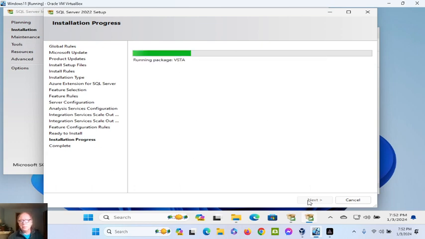Not really sure if I should have picked the, because what's a tabular mode and multi-dimensional mode? You know, multi-dimensional can be the data cube function. Okay, well, I'm not quite sure, but we'll see what happens, right?